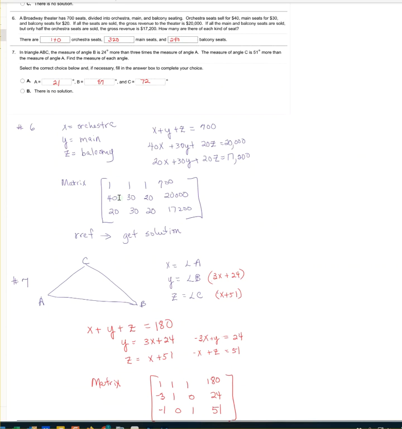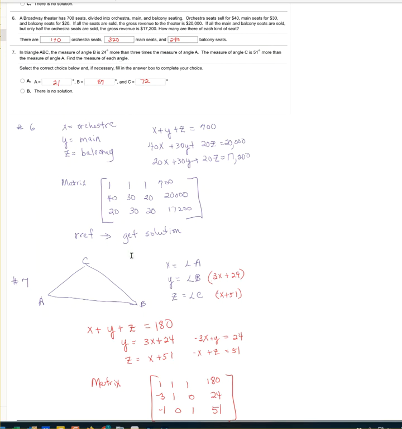Let's look at number 7. In triangle ABC, the measure of angle B is 24 degrees more than 3 times the measure of angle A. The measure of angle C is 51 degrees more than the measure of angle A. Find the measure of each one.